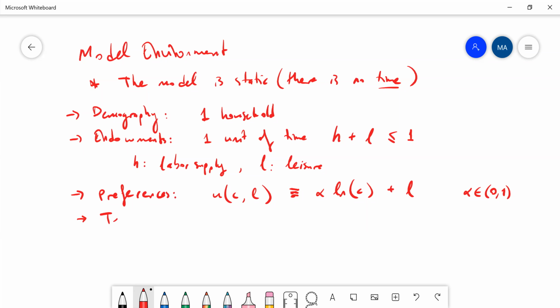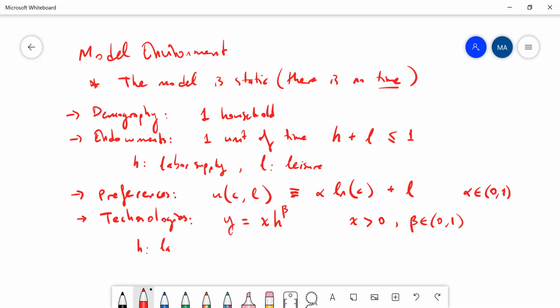Next, I define the technologies. There is only one technology. So there's a production function, and this production function is like this. Here, X is productivity, which is an exogenous variable, and beta is between 0 and 1.